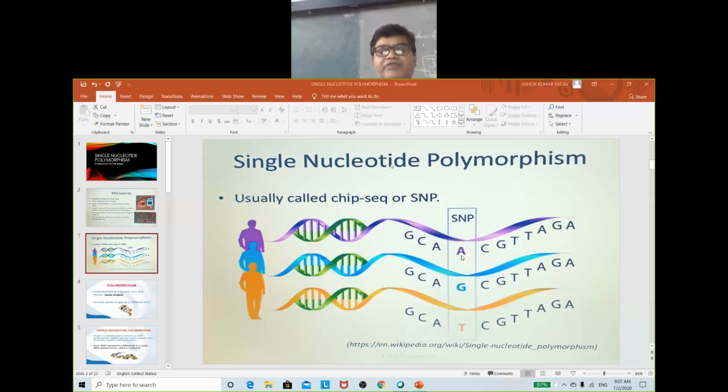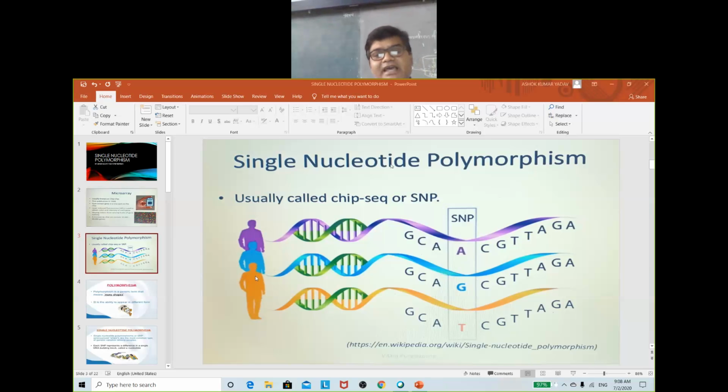clones. Means we can find out the variation among the individuals, because 99.9% of the human genome is identical. Only 0.1%, up to 1% variation occurs at the gene level, due to which different individuals look different. The face of one individual will differ from that individual, and the face of that individual also differs from that individual.